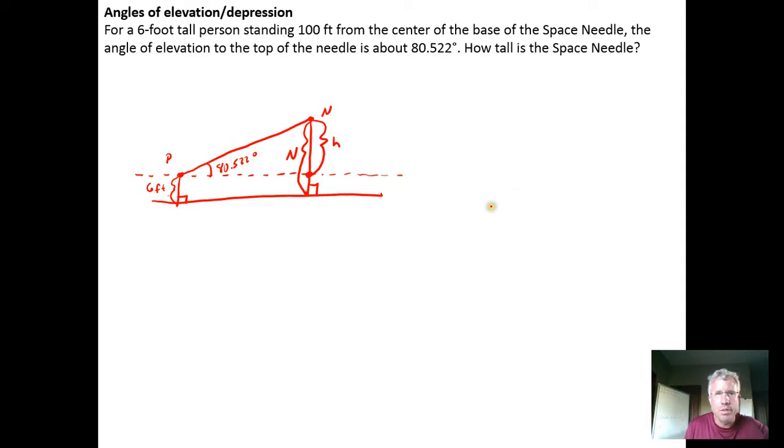And so what we want to recognize is that the total height of the Space Needle is going to be this height h, from the top of the Space Needle to the intersection between the Space Needle and the horizontal line through the viewing position, plus the extra 6 feet. That is the height of the person.